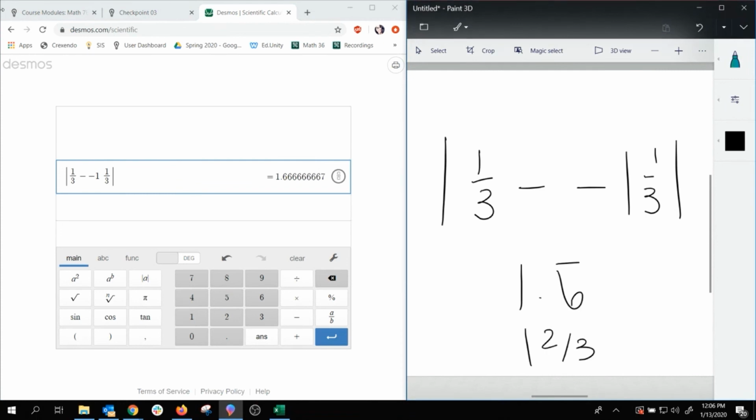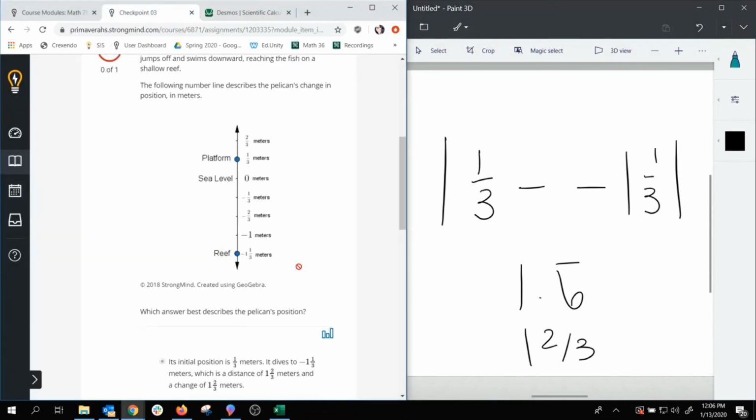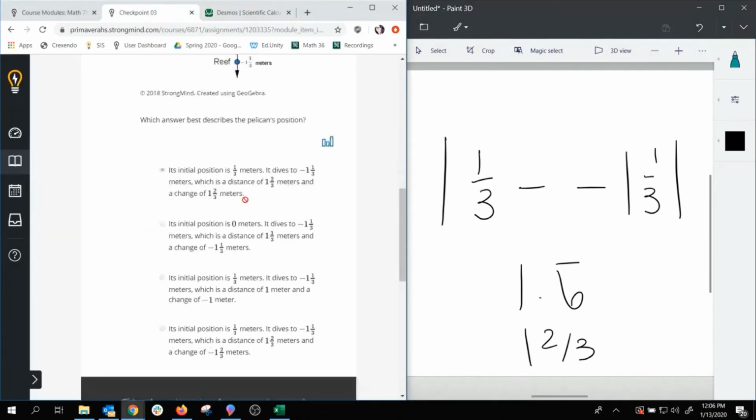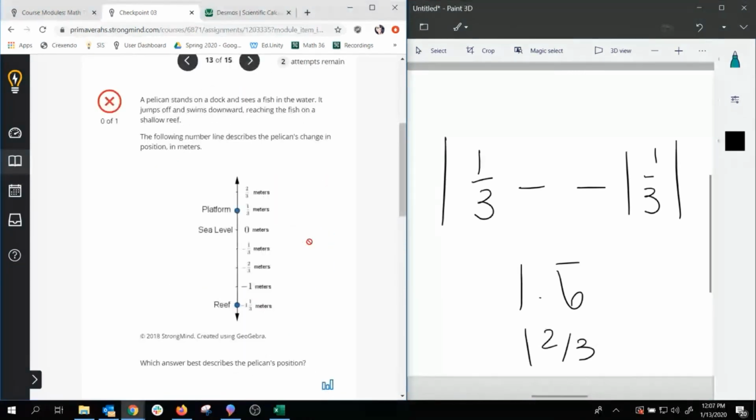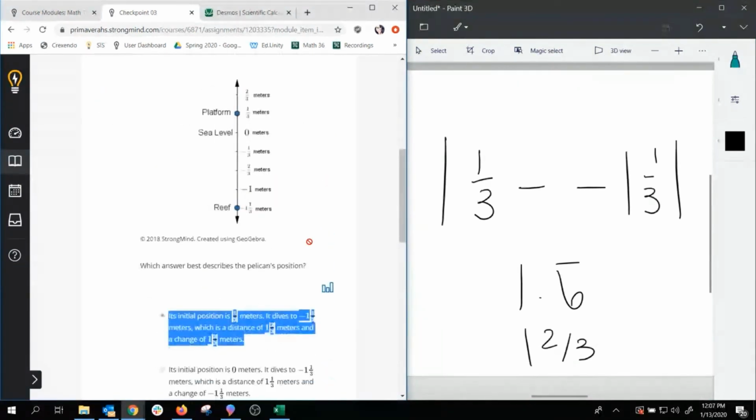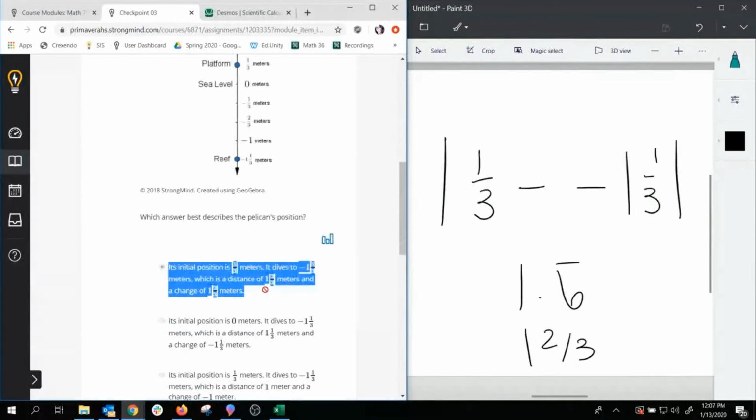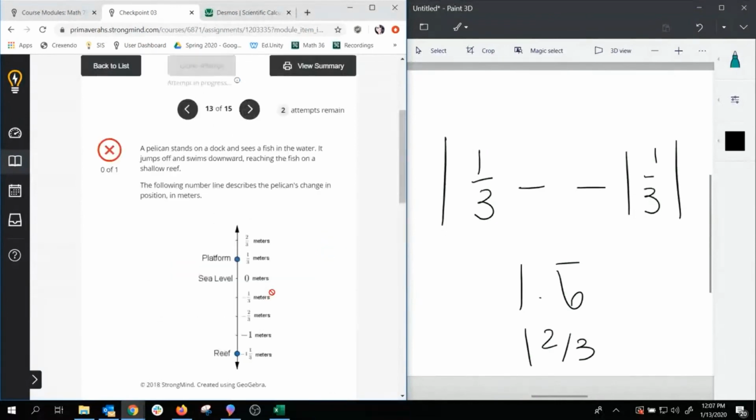So that was the total change. So positive 1 2/3. But that's wrong. Is the dock? It jumps off and swims downward, reaching the position.